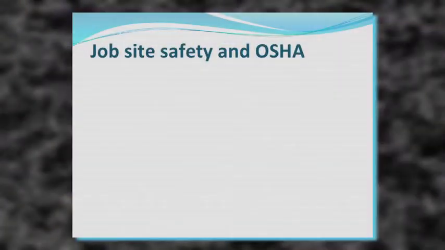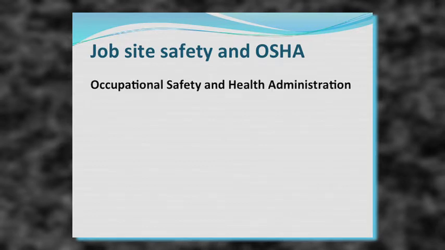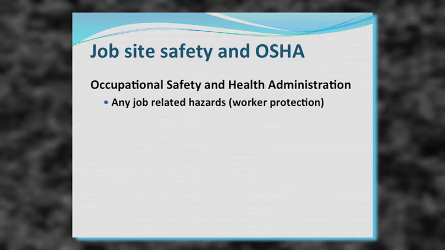The organization that regulates safety in this particular industry is OSHA. They're overseeing any kind of job-related hazards that you may run into. The general construction 1926 standard applies to you, as well as the general industry standard, which is 1910.